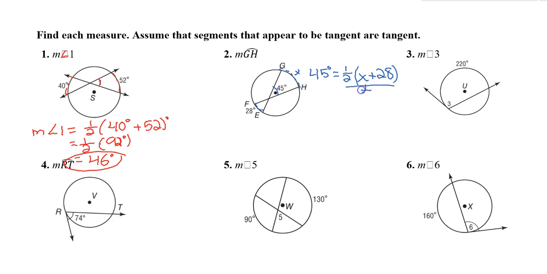I'm going to divide both sides by 1/2. Right? Just the opposite, 1/2 is being multiplied. So that's 90. Then I'm going to subtract 28 from both sides. So x equals 62 degrees there. Okay, so that's solving for one of the arcs instead of for the angle, which is kind of the opposite way.